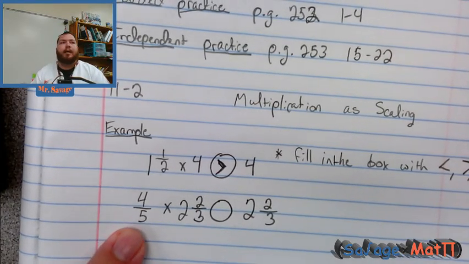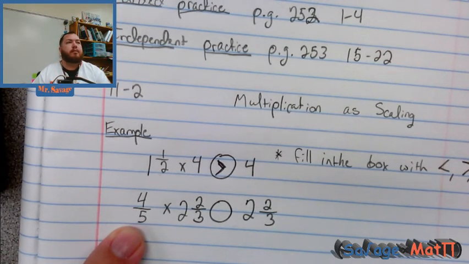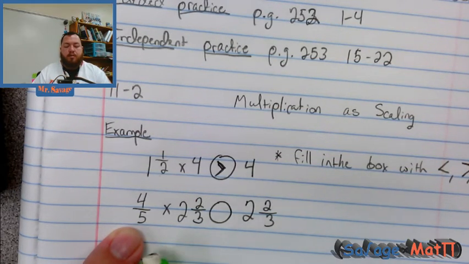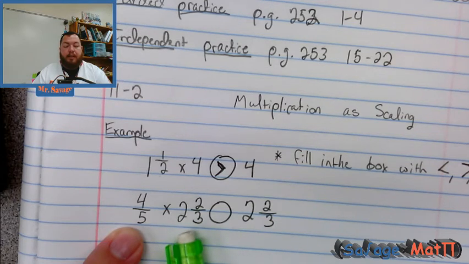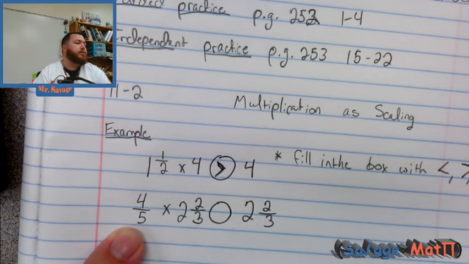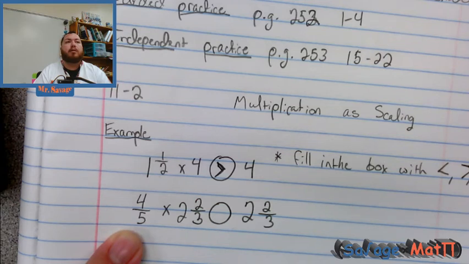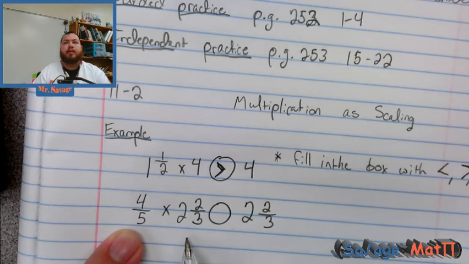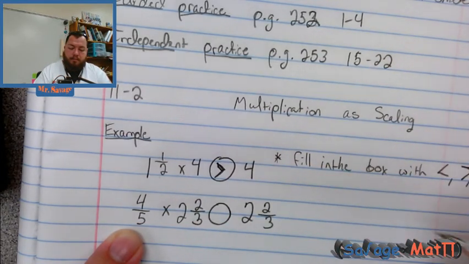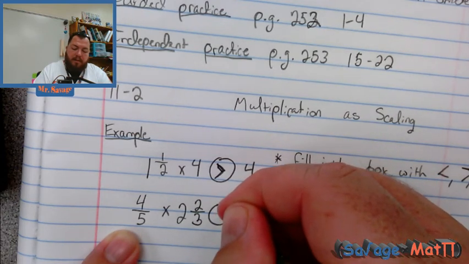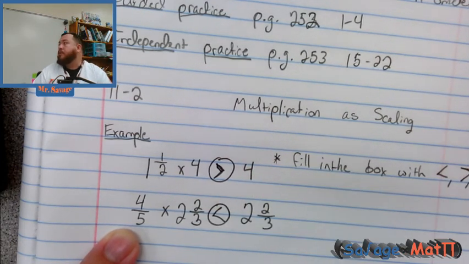What we're multiplying by, is it greater than or less than 1? Less than 1. So is our answer going to be equal to 2 2/3 or less than 2 2/3? Less than, right? Because in order to be equal to, we have to multiply by what? 1. So this is less than 2 2/3.